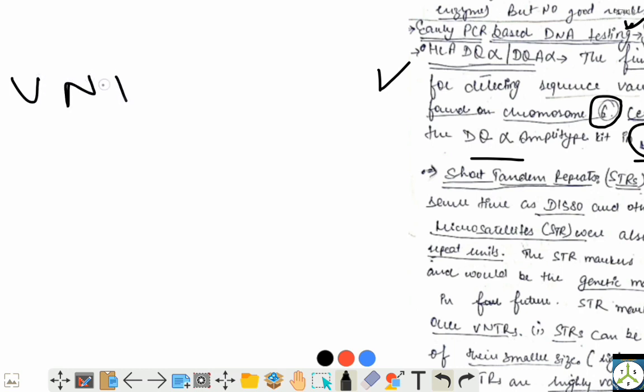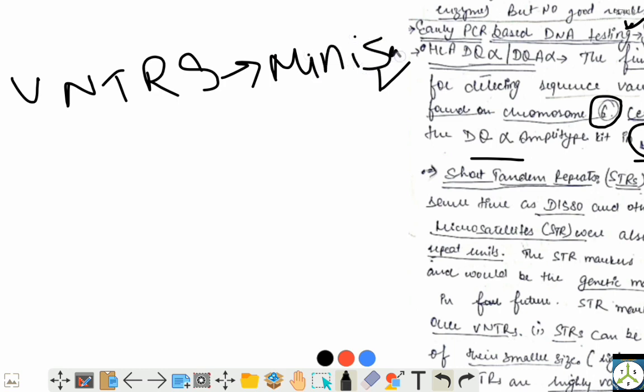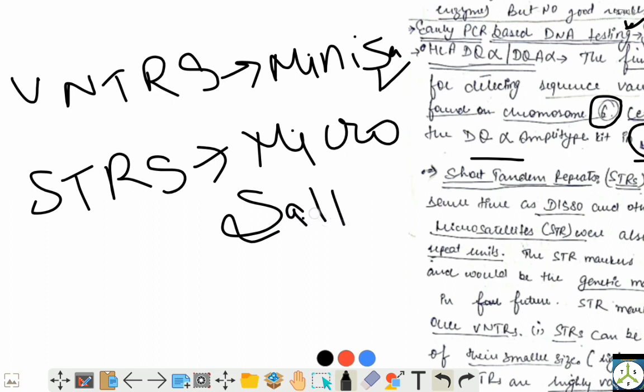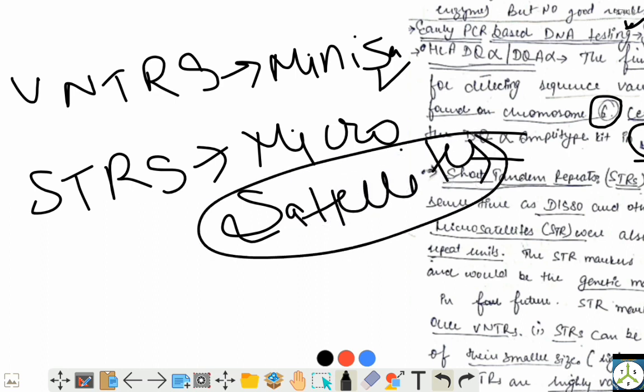One thing more: VNTRs are known as minisatellites, just remember this. And STR markers, that is short tandem repeats, are known as microsatellites. Remember this, microsatellites.